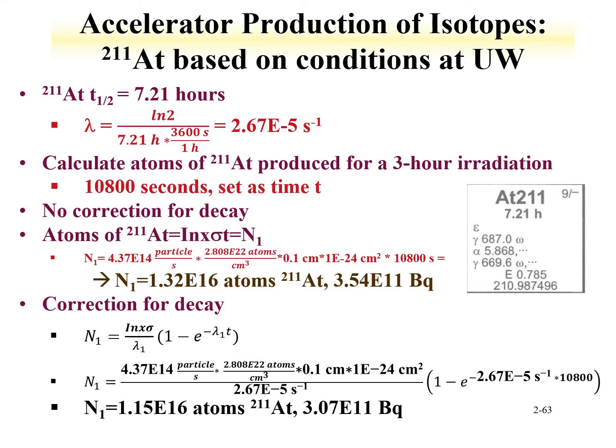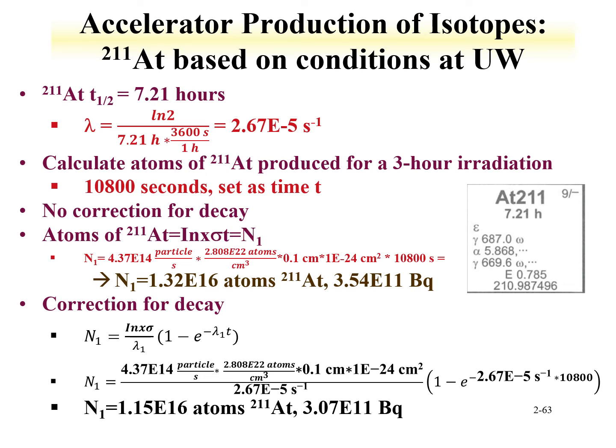For no decay correction, the atoms of astatine-211 is equal to the equation we've shown before. And since it's a production rate that is not decay corrected, we'll just multiply it by the number of seconds for the irradiation. And we're going to set that equal to N1 as a comparison point.